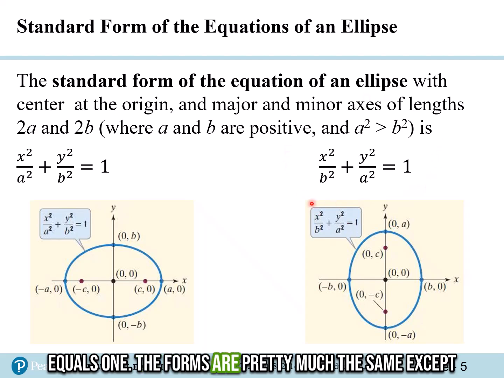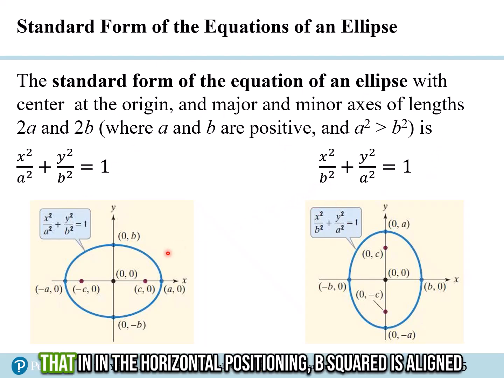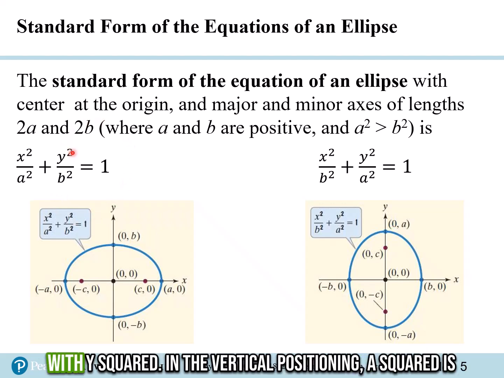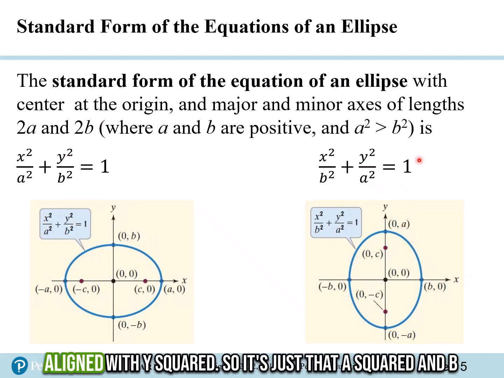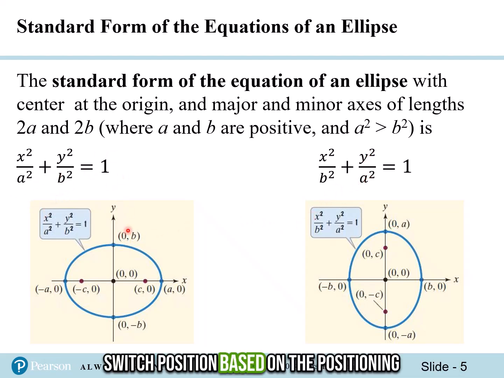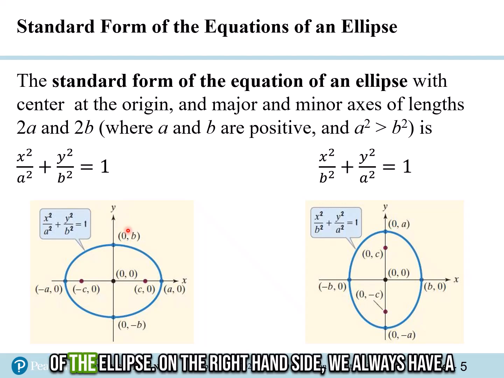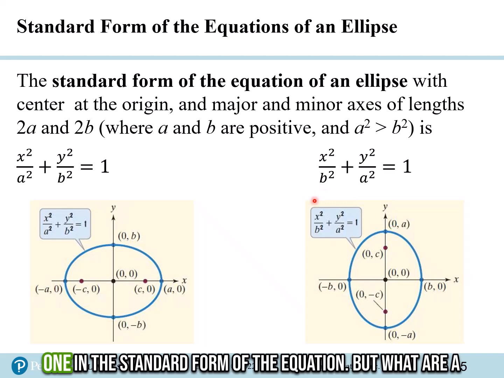The forms are pretty much the same, except that in the horizontal positioning, b squared is aligned with y squared. In the vertical positioning, a squared is aligned with y squared. So it's just that a squared and b squared switch position based on the positioning of the ellipse. On the right hand side, we always have a 1 in the standard form of the equation.